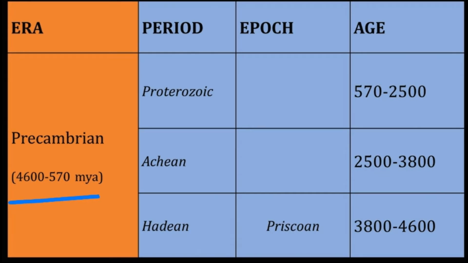The Precambrian is subdivided into three parts: the Proterozoic, Archean, and Hadean.